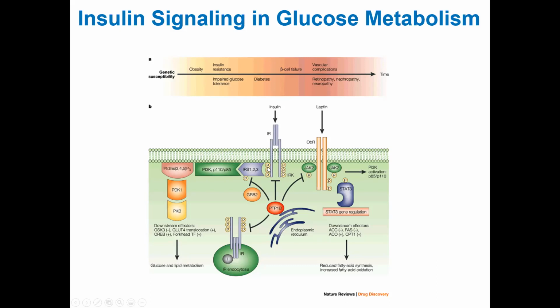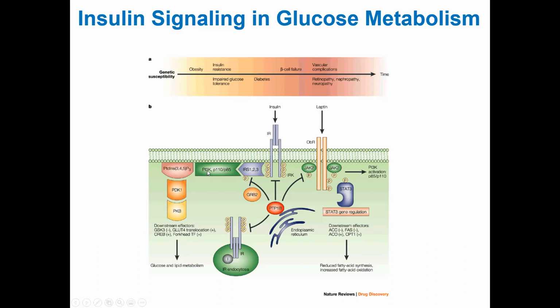Once the tyrosine kinase domain of the insulin receptor is activated, it will phosphorylate another substrate called insulin receptor substrate. There are 3 different types, 1, 2, 3. Once insulin receptor substrate gets phosphorylated, it will bind and activate PI3 kinase. It's a kinase. What does it do?